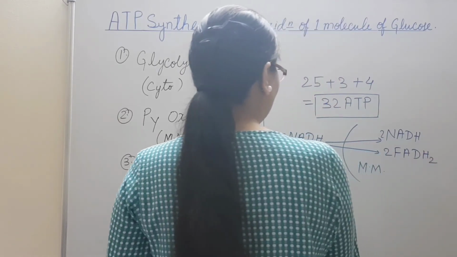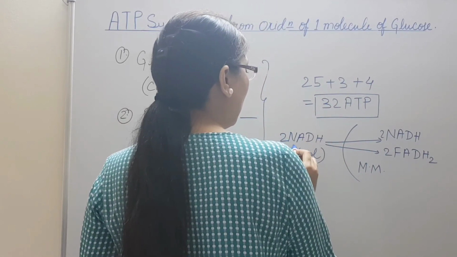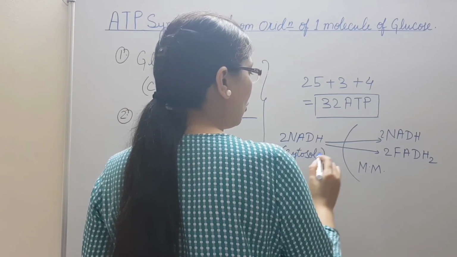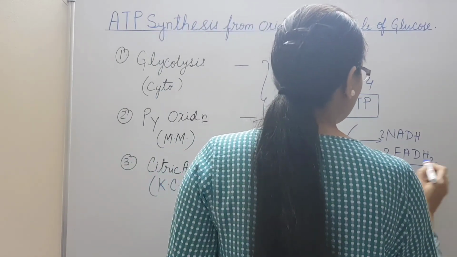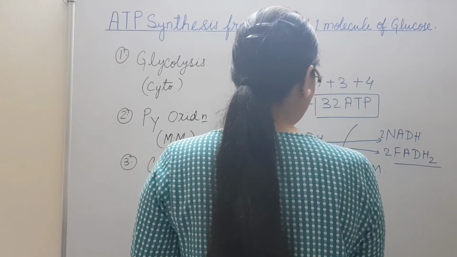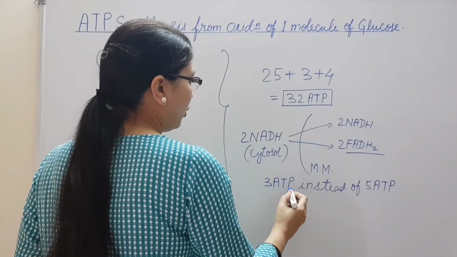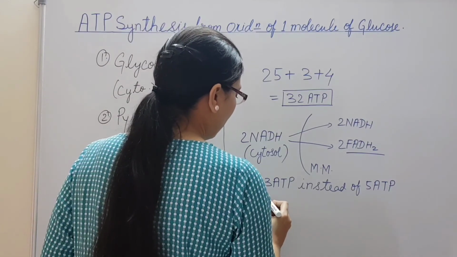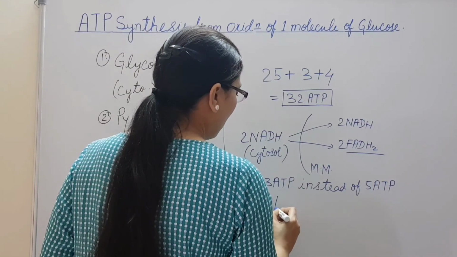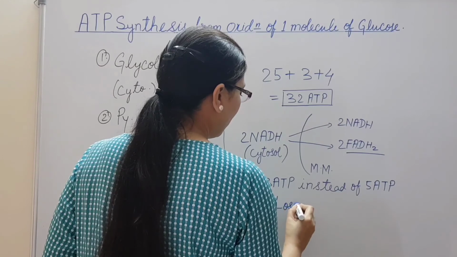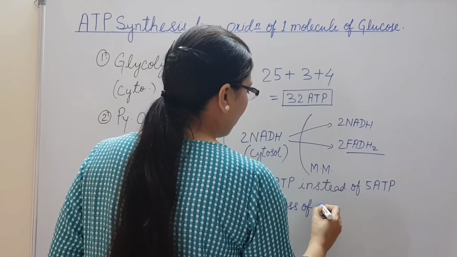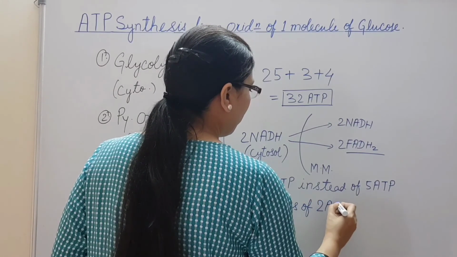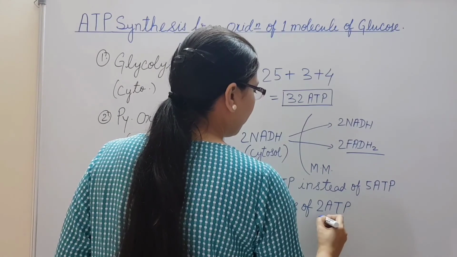If the reducing equivalent of NADH in the cytosol is passed to FADH2 in the mitochondrial matrix, we get 3 ATP molecules instead of 5 ATP molecules. Hence, there is a loss of 2 ATP molecules.